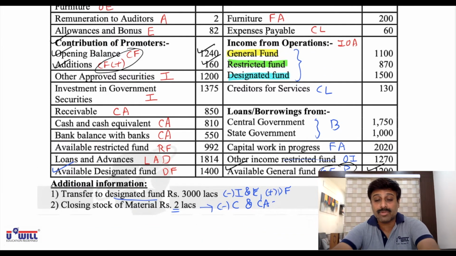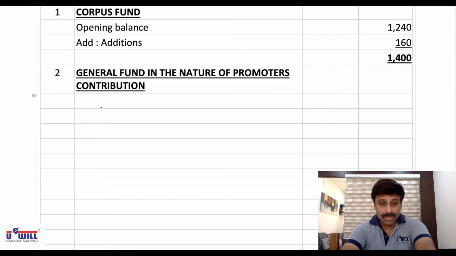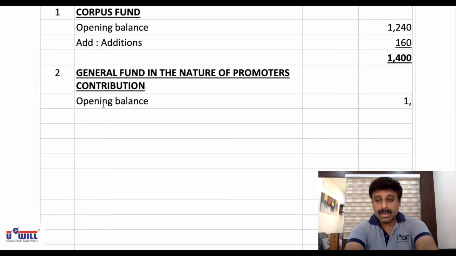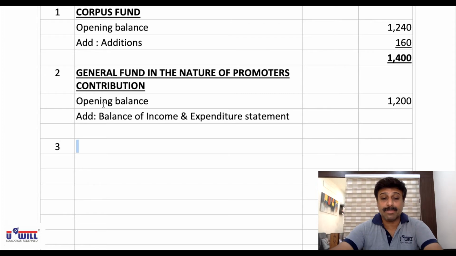Now opening balance 1200 will write first. So all of you write down opening balance 1200. Now here we always leave space. We have to add the balance of income and expenditure statement. So that will get at the end only. So we leave space for that once we make income and expenditure completely.